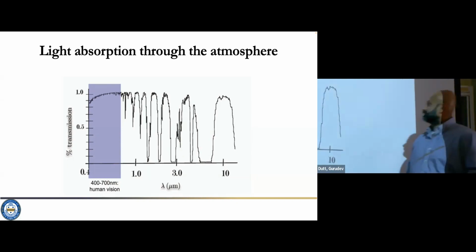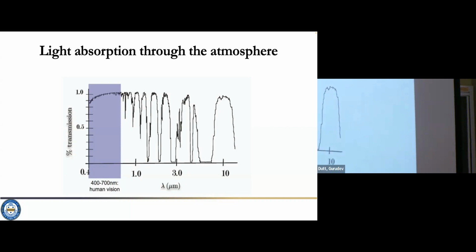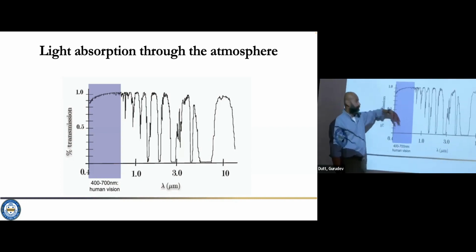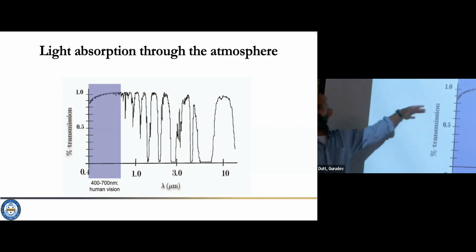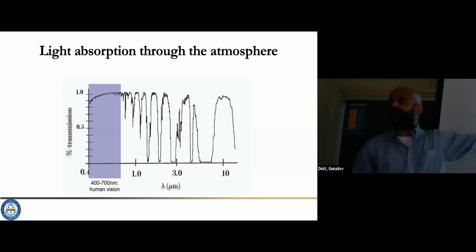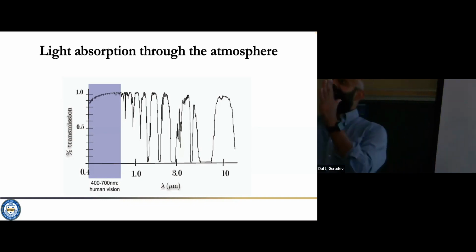And you can see that the region where there is the most transmission is 400 to 700 nanometers. We're looking mostly at visible light here. I mean, we could also go to the ultraviolet, but that also has similar problems. There's going to be a lot of absorptions and things like that. So it turns out there's this very narrow window in our atmosphere where light propagates almost with no losses.